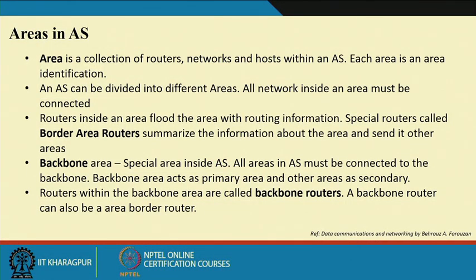So, there is a special router called the area border router, which summarizes the information about the area and sends it to other areas, right. So, every area of a particular autonomous system has area border routers which summarize the information about that particular area.